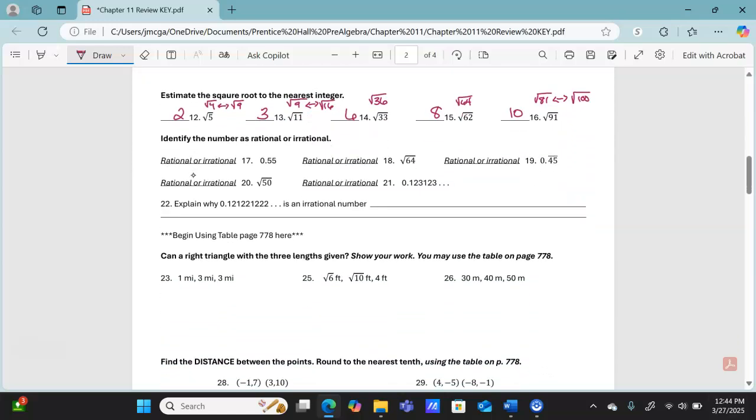Telling whether it's rational or irrational. A rational number is a fraction, a decimal that repeats exactly or ends, so terminates, it stops, and then a perfect square square root.